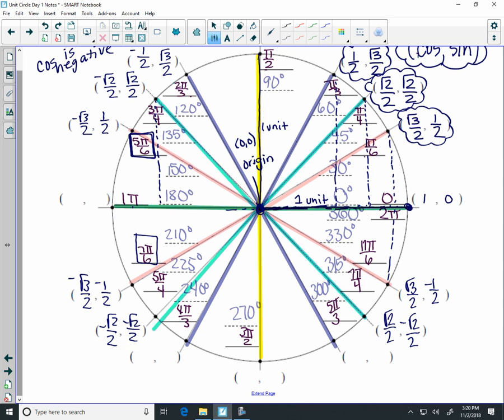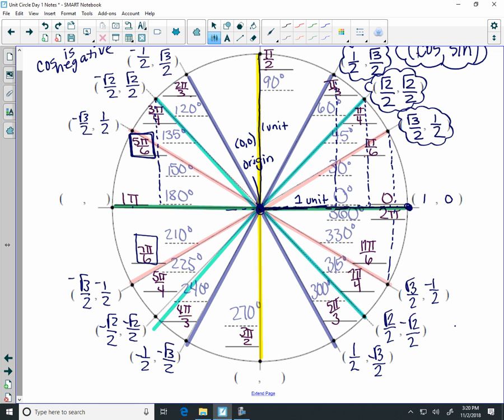In the third quadrant, both are negative: negative 1/2, negative radical 3 over 2. And in the fourth quadrant, just our y value, or our sine value, is negative. So positive 1/2, negative radical 3 over 2. Beautiful.